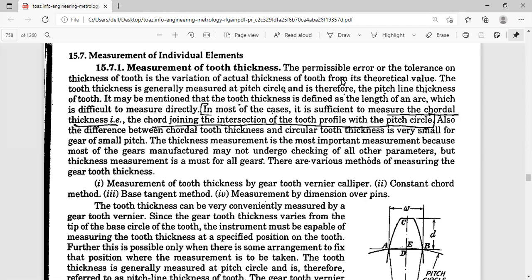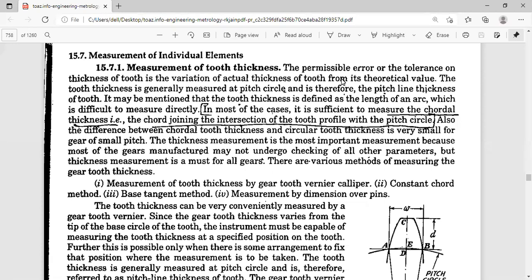For each and every individual element we measure to assess the quality of the gear, we have to know the permissible error or tolerance. For tooth thickness, it is the tolerance on the thickness of the tooth, which is the variation of the actual thickness of the tooth from its theoretical value.